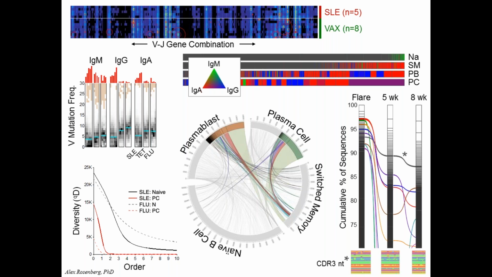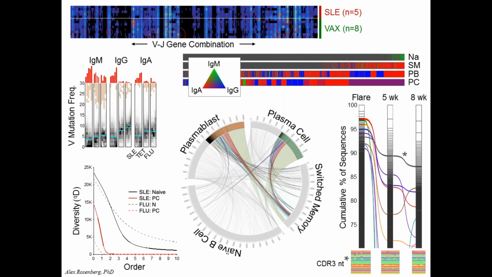We can answer questions about clonality. In this case, we're showing 4 cell subsets: naive, memory, plasmablast, and plasma cell. And we're ordering the lineages based on size. So as expected, the naive cell population is highly polyclonal, consisting of many small clones, whereas the plasma cells are very expanded. And this is a vaccine sample for 7 days.